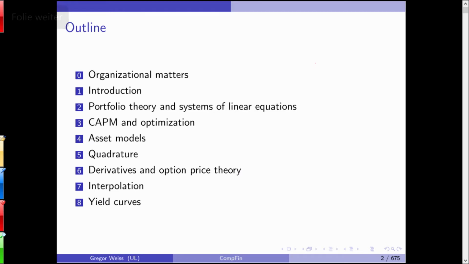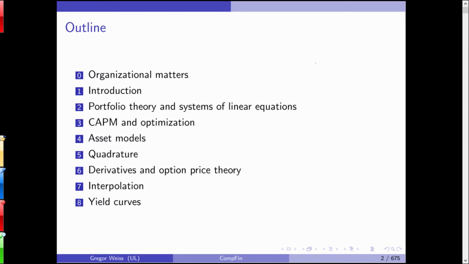The outline of this class looks like this. First of all, we'll talk about the general outline and the basic information concerning the course. We'll start with a small introduction and some motivational examples of what we will be looking at during the course of the semester.